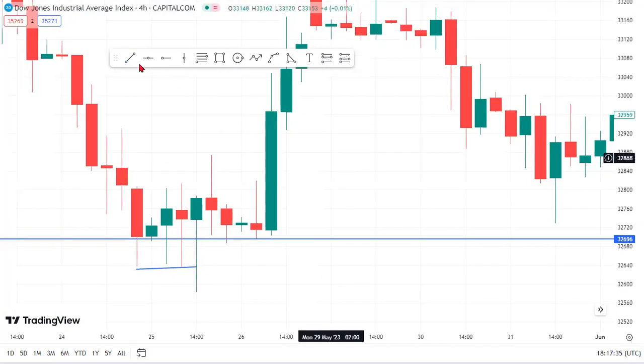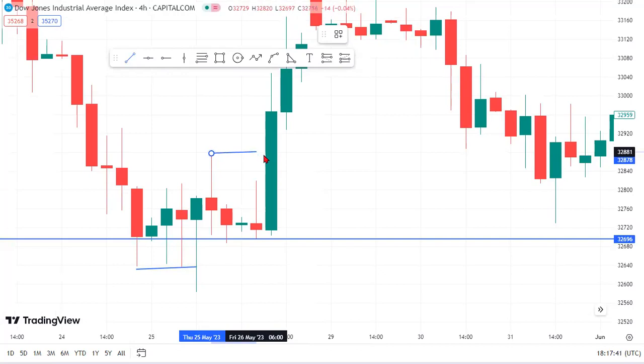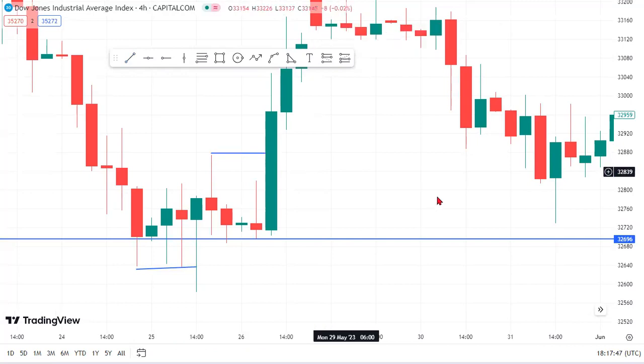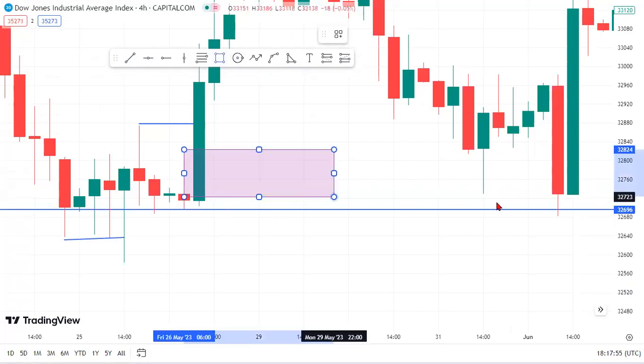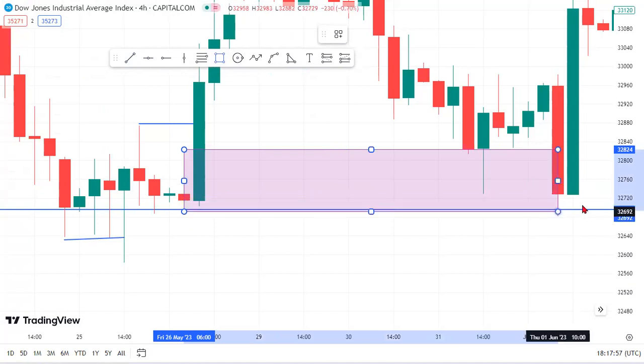This is the high that matters here. And which candle broke your high? This is the candle that broke your high. Right there.